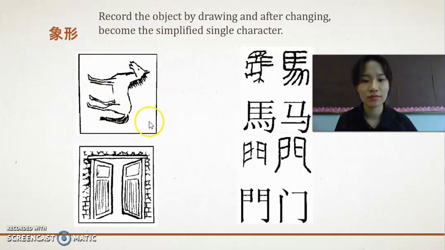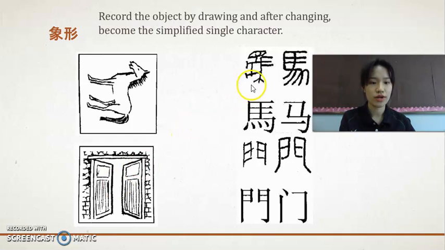When you look at the left picture, you can see a horse. And if you look at the right, you can see some characters. There are 4 different characters. Can you pick which one is the hardest one to write? Which one is the simplest? It's easy, right? This one is more like a drawing, like the horse on the left. So this is the pictogram when it was just created from the picture.